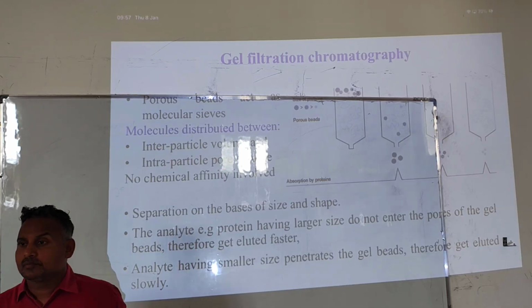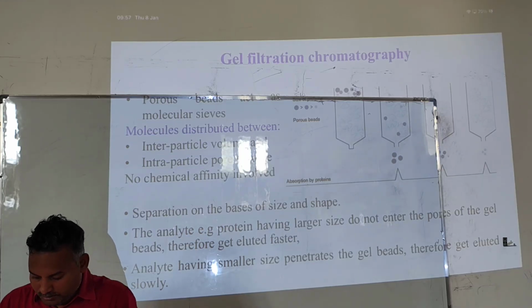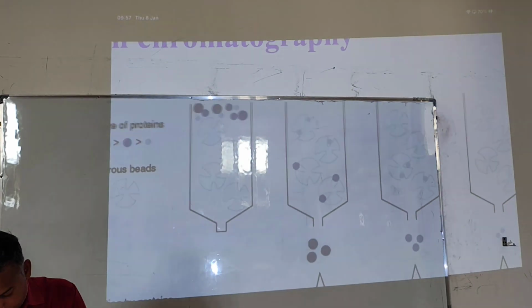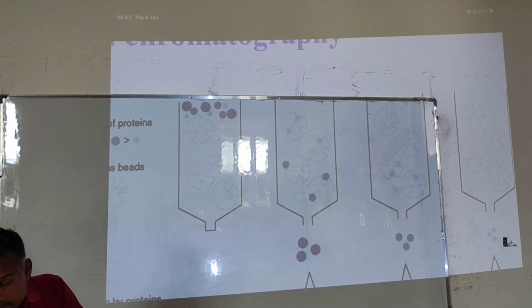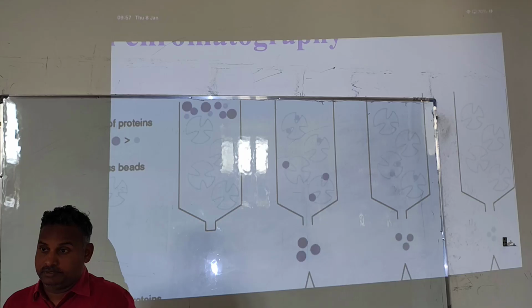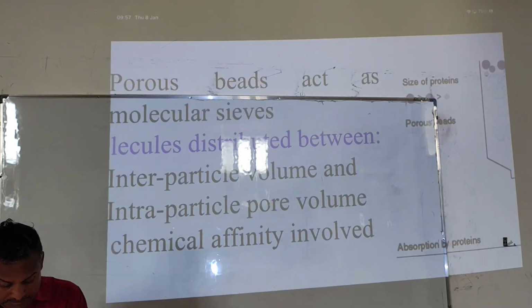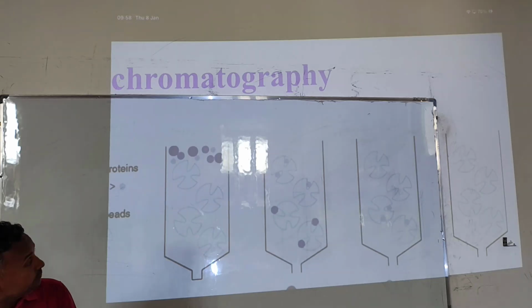Interparticle volume means the volume between the particles. For example, if you have a look here, this is the gap. This volume of the gaps is the interparticle volume. Intraparticle pore volume means the volume of the pores.